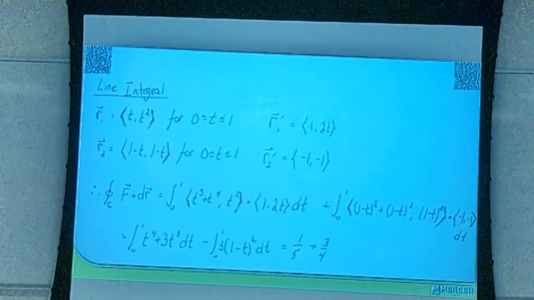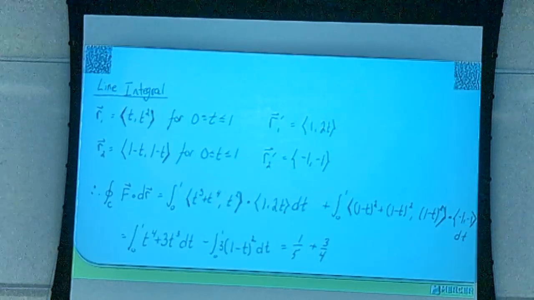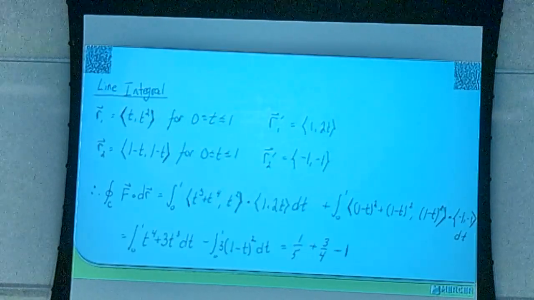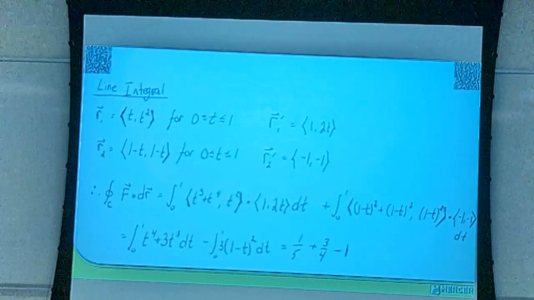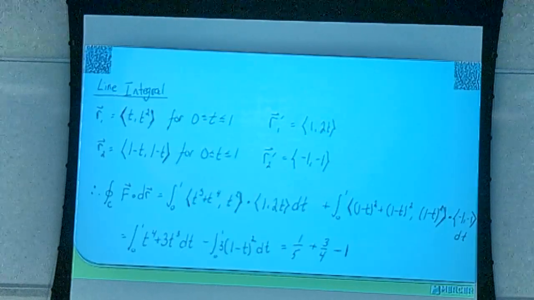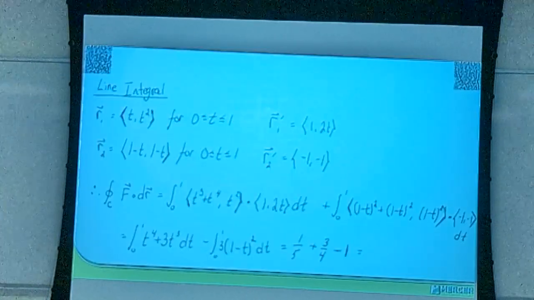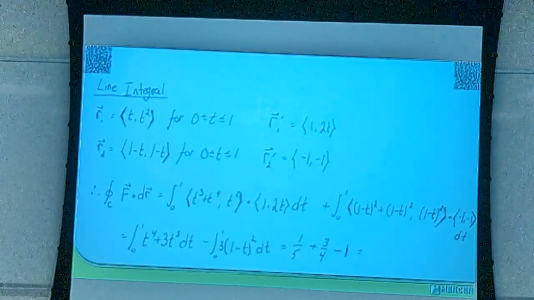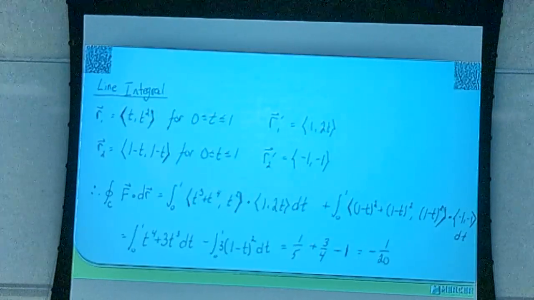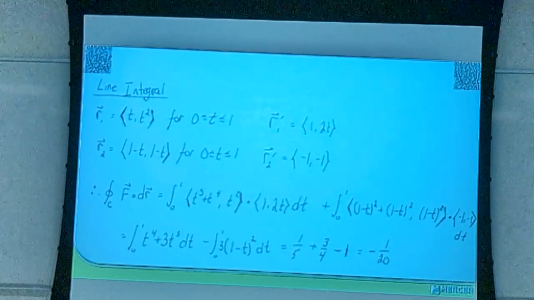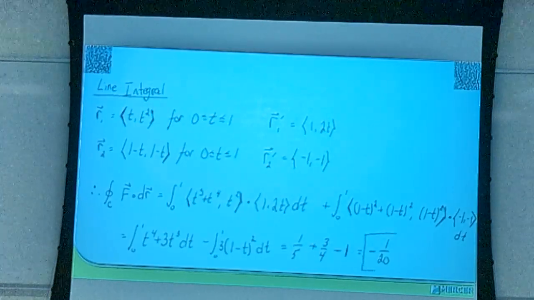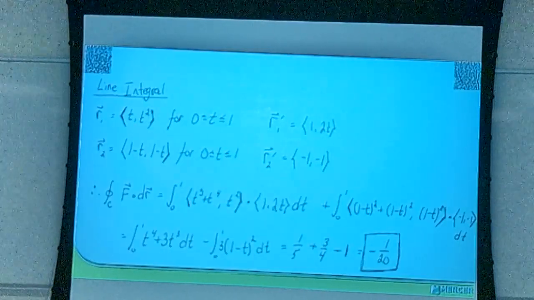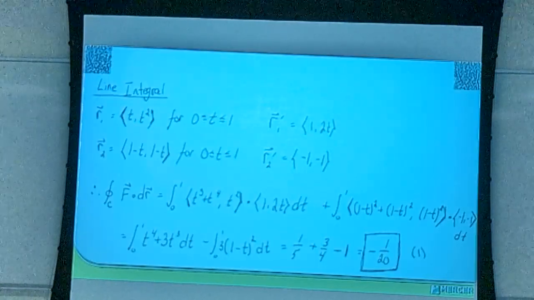Now if I write that from 0 to 1, you get 1, so minus 1. Negative 1/20. That's what that comes out to. Put a box around that, and I'll label that number 1.